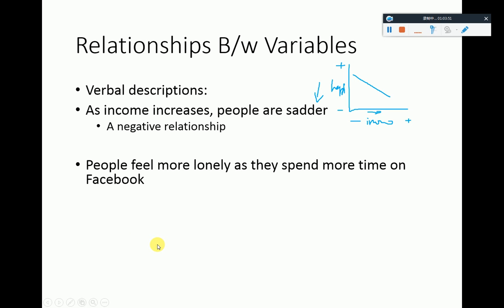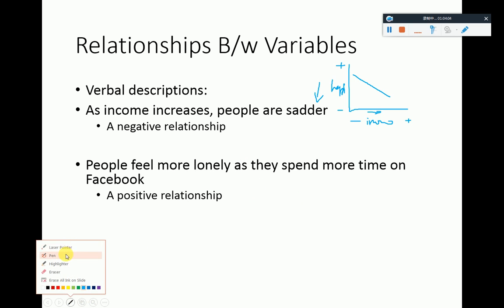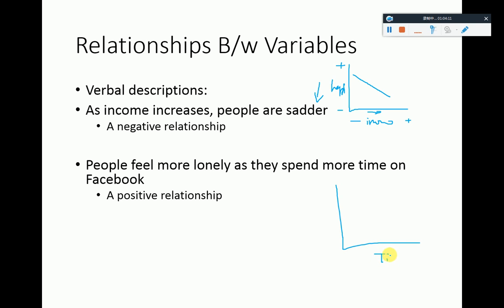People feel more lonely as they spend more time on Facebook. Right? So in this case, we say it's a positive correlation because this is time and this is loneliness, from not lonely at all to very lonely.